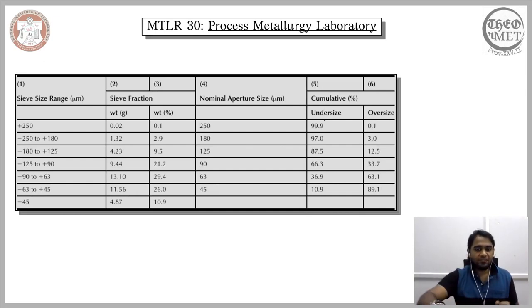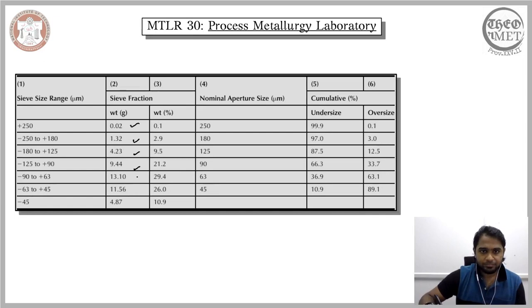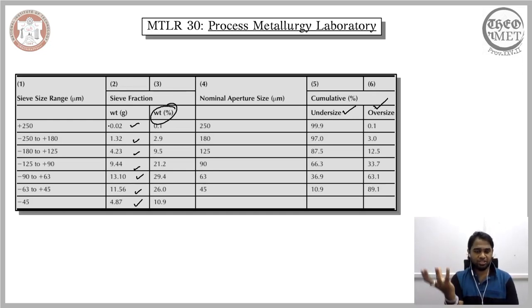Of course, every tabulation is made by calculating the weight of the fragments that are associated with each sieve. So the weight percent, the percentage of the particles that has passed through a given sieve and that is held by a given sieve, is also calculated by estimating the weight that is associated with each sieve.